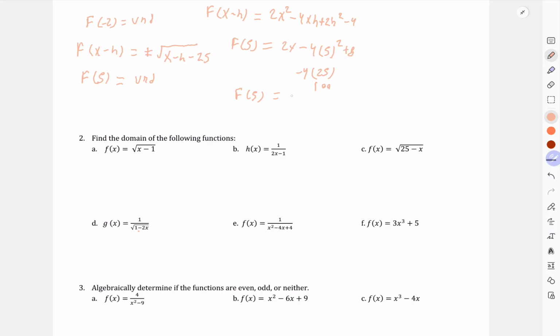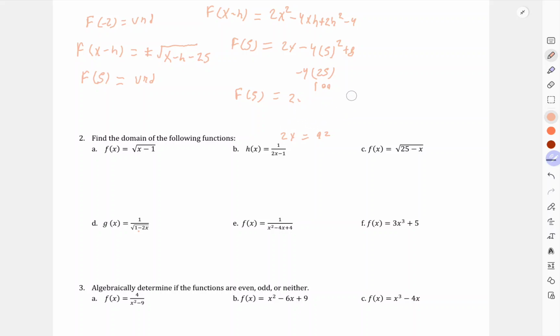It is just 100. So we have 2y, and then you got the negative 100 plus 8, and negative 100 plus 8 is just negative 92. So 2y equals negative 92. Okay, and what do we do now? Like, what on earth is this? Okay, we're going to do 2y is equal to 92.